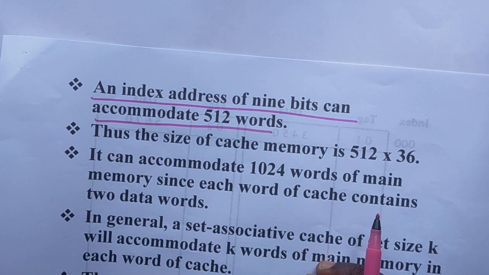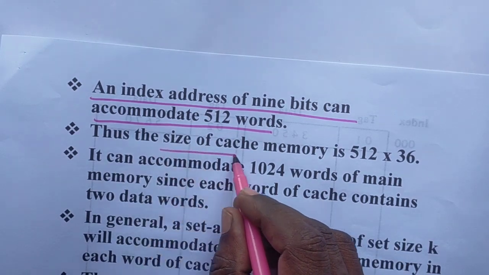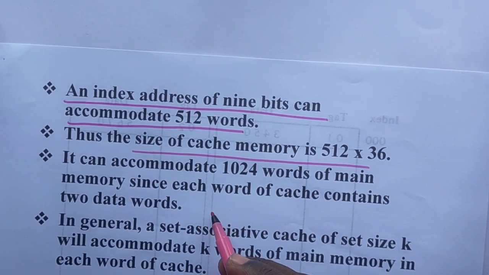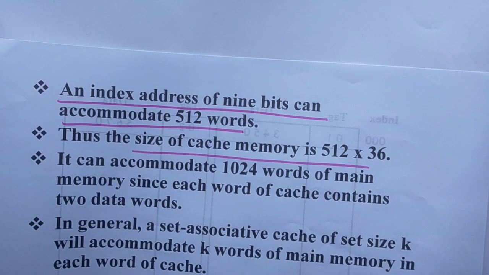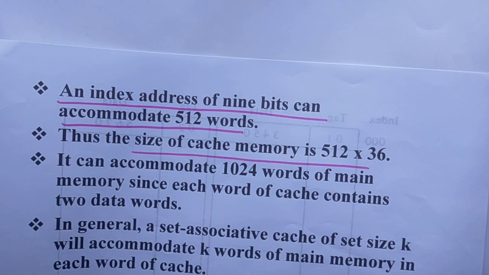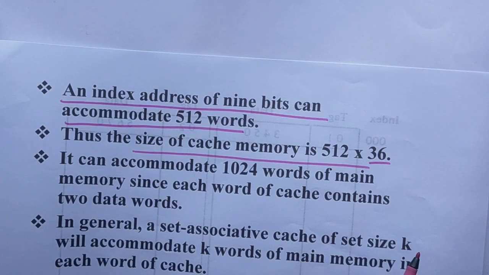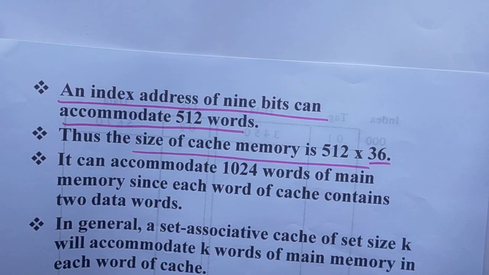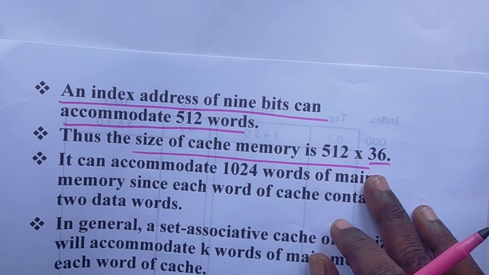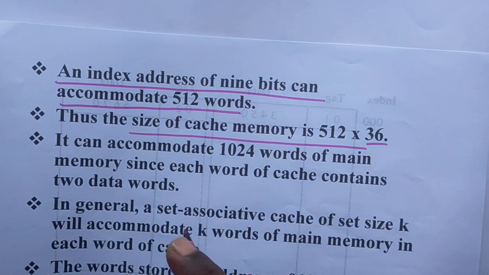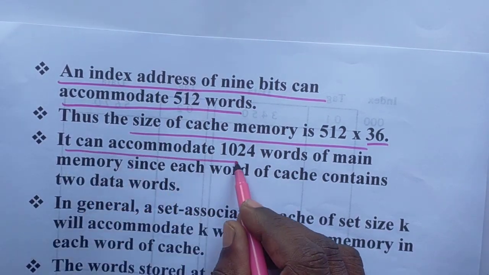The size of the cache memory initially is 512 words, and each word contains 36 bits, tag and data. So 512 into 36, because the word length is 36 bits.